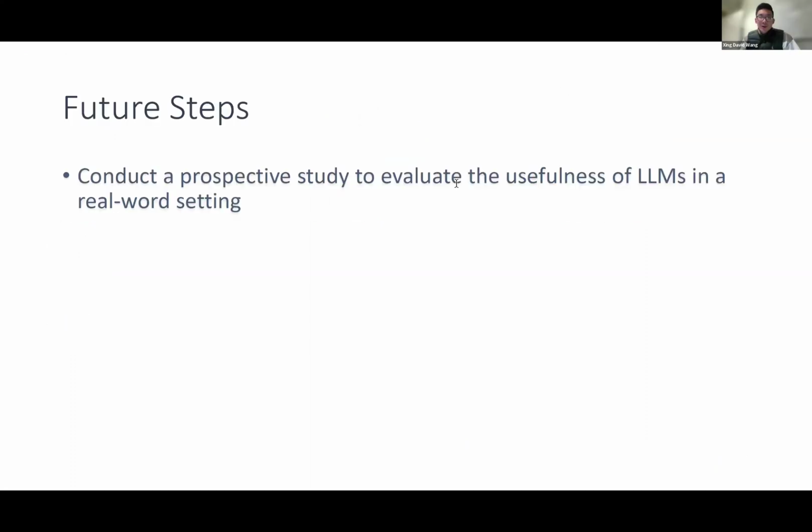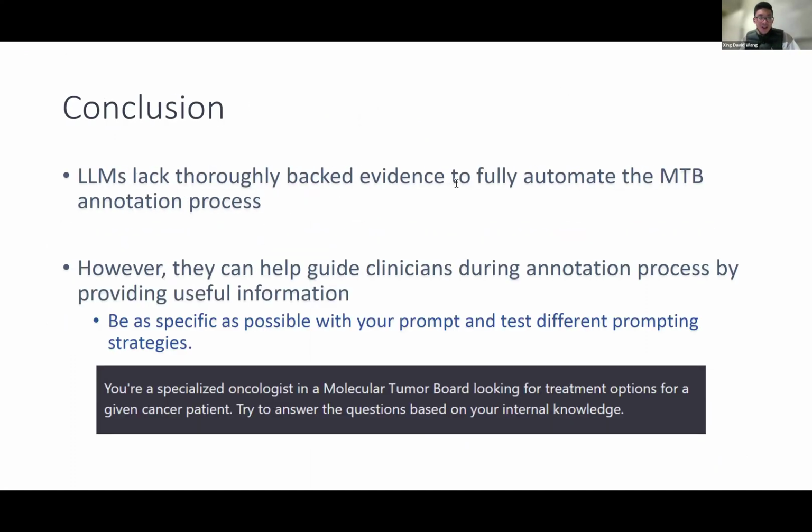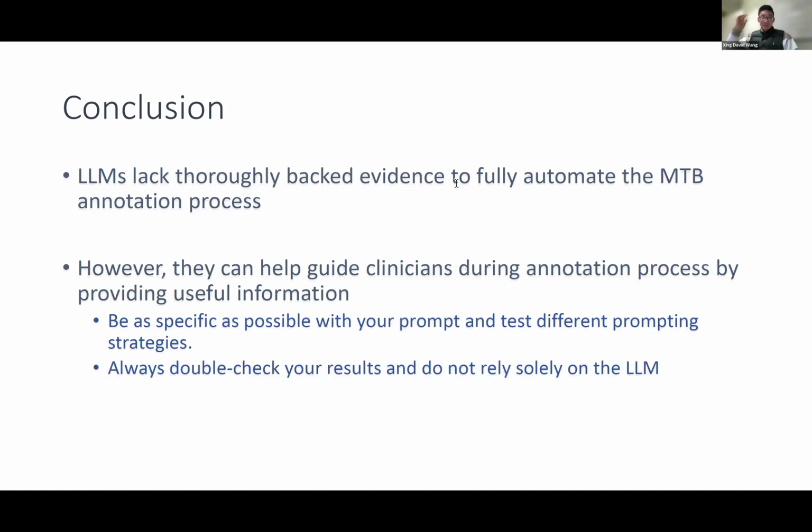So I think at the core, it boils down again to the things which I listed here in this slide. So try out different prompting strategies, try out different strategies for how to converse with the large language models, because in some cases they will not be so willing to give you an educated guess. But if you provide the information that, okay, you are a specialized oncologist, then it will be more likely to give you some results.